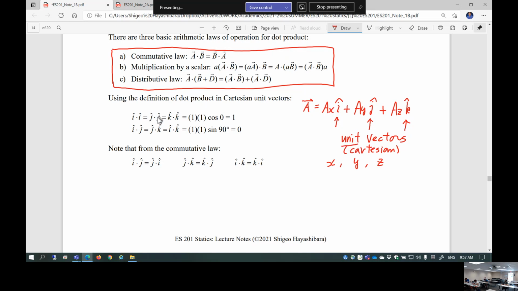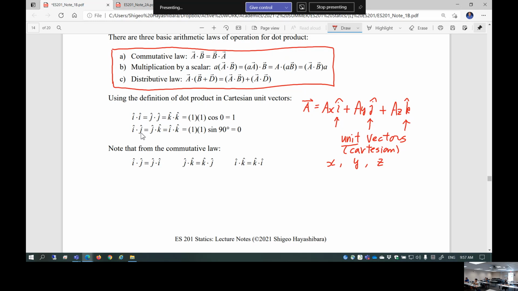So if you take those I, J, and K unit vectors of Cartesian and take a dot product, what happens is, if you take I dot I, those are the two unit vectors with the magnitude of 1, both in direction of X. The result is 1 times 1 times cosine of 0. Cosine of 0 is 1. Result is 1. How about all the other combinations?